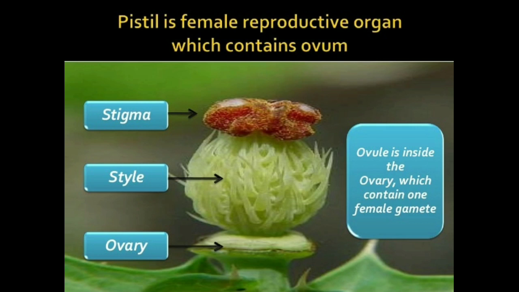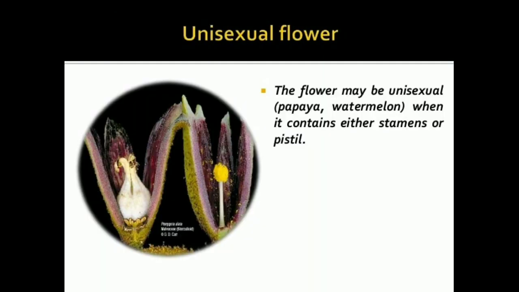There are two different types of flowers. First one is the unisexual flower. So a flower can be unisexual or bisexual. The unisexual flower means when it contains either stamens or pistil. Either one of them will be present.